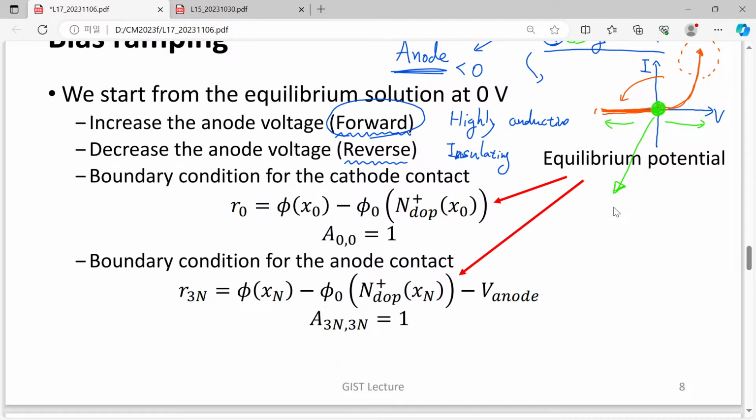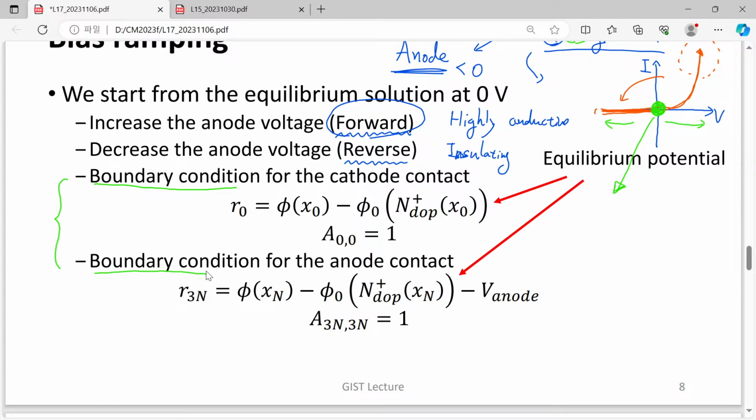Then, how can we do that? So I just make a simple summary on this one. Boundary condition, let's just consider the boundary condition. Why do we consider the boundary condition? It is because in the case of our continuity equations and Poisson equation, nothing will be changed.